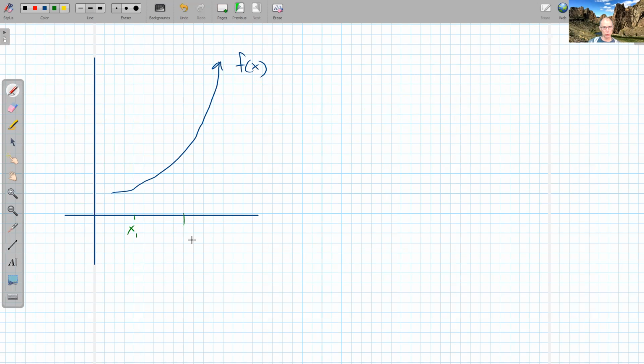And we pick another one over here, and that's our x2, and each of those lead to a point, and that point has a corresponding y value, right? y1 there, and y2 somewhere over here. And we calculate our rise, right? y2 minus y1, and our run, x2 minus x1. So we take that difference, that gives us the average rate of change between those two.